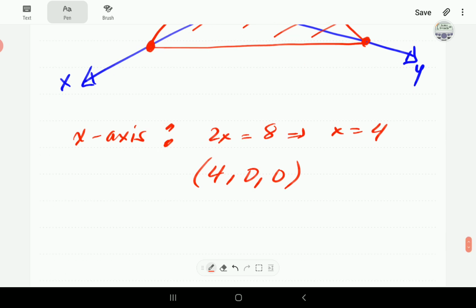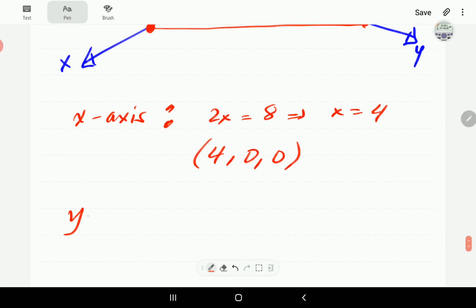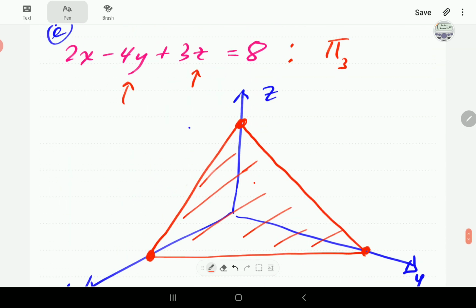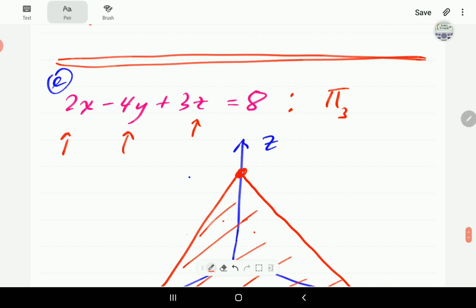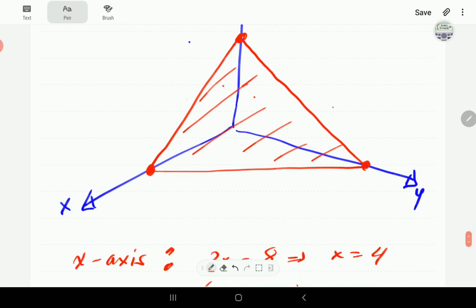The intercept of this plane with the y-axis, so in this case we're going to plug in x is 0 and z is 0. It's going to give us y is -2.